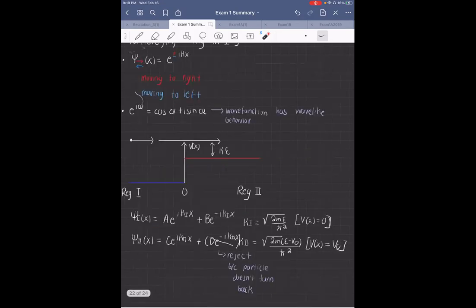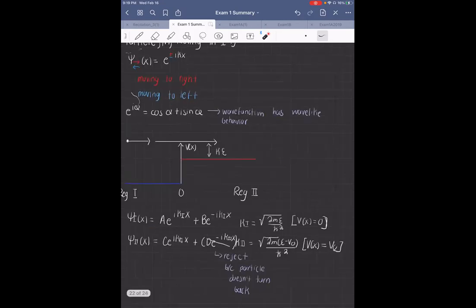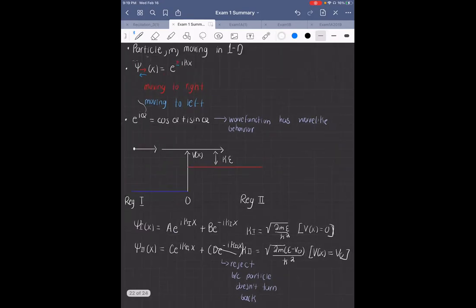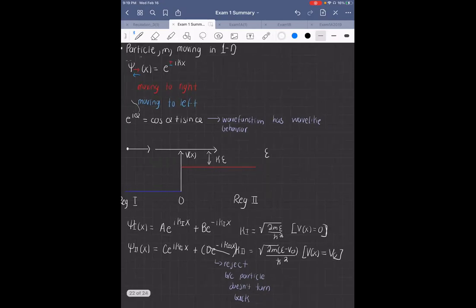From here, let's say the particle is moving and goes over a barrier. Before it reaches the barrier it has no potential energy, and after it reaches the barrier it has potential energy. I forgot to specify that this energy, the kinetic energy, is higher than the potential barrier.